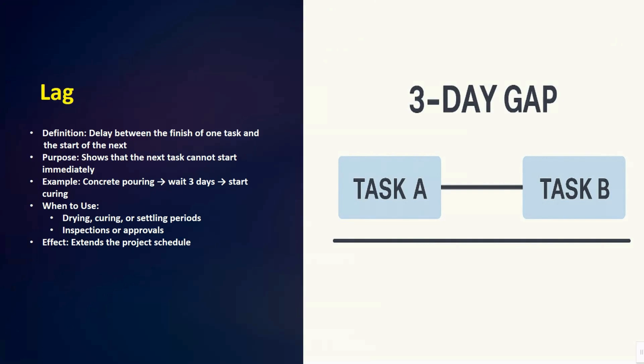Lag is commonly applied in situations such as drying, curing, and settling periods, or when inspections and approvals are needed before moving forward. The overall effect of lag is that it extends the project schedule since it pushes the next activity further in time. In simple terms, lag represents a necessary pause in the workflow to reflect real world conditions accurately.